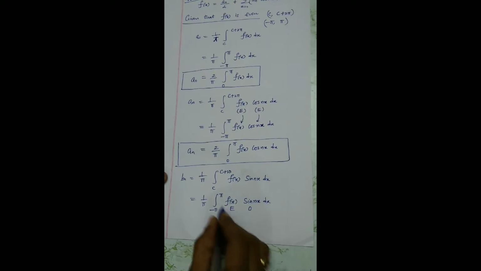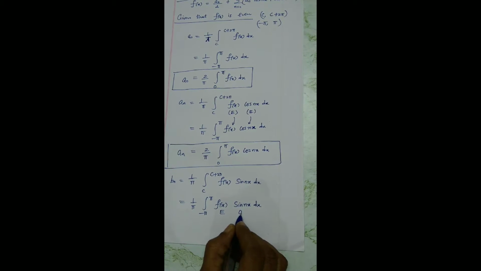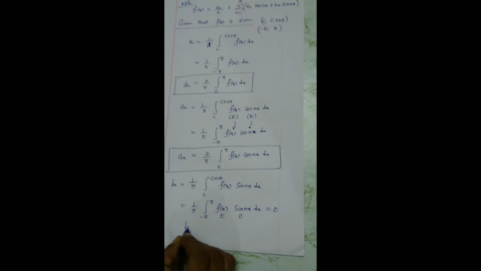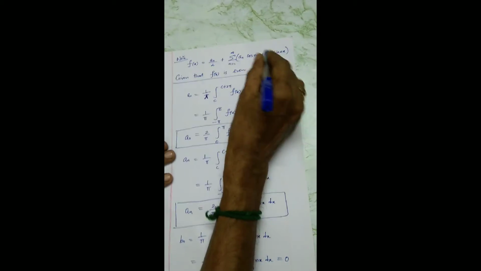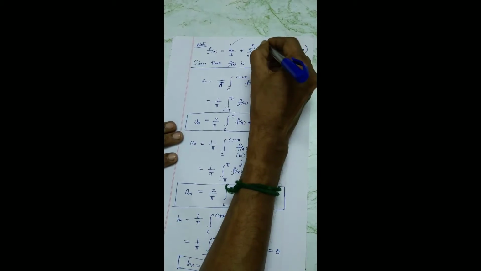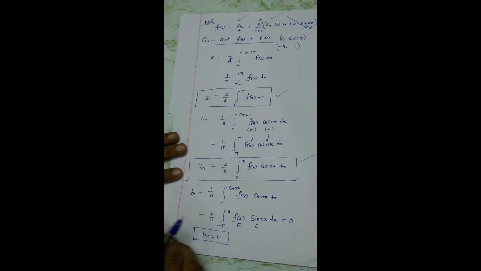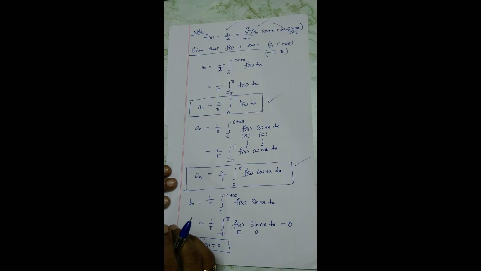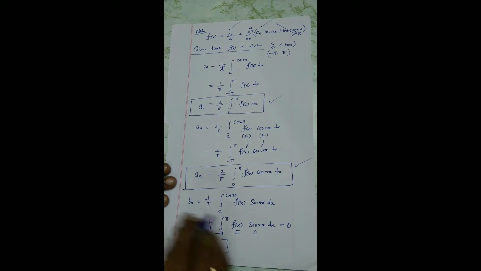If the integrand is completely odd, you know very well the product of even and odd over minus pi to pi is 0. That means your bn is 0. So what happened to your Fourier series? By default, if the function is even, you will get only these two terms and these two have to be evaluated. So no need to evaluate bn. That's a major advantage of using the properties of even and odd functions.